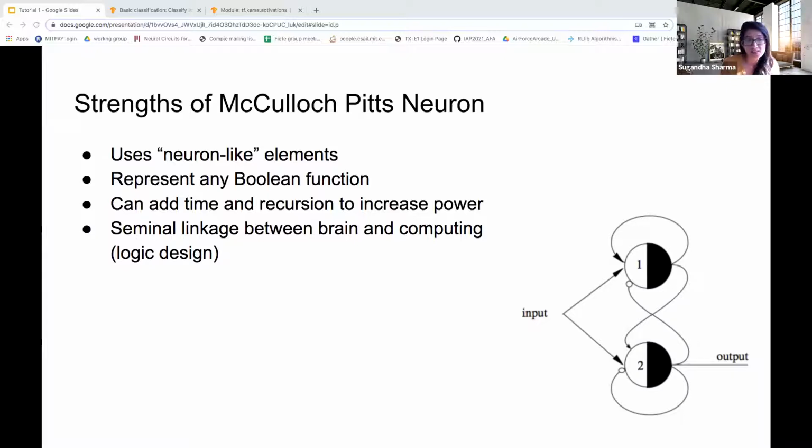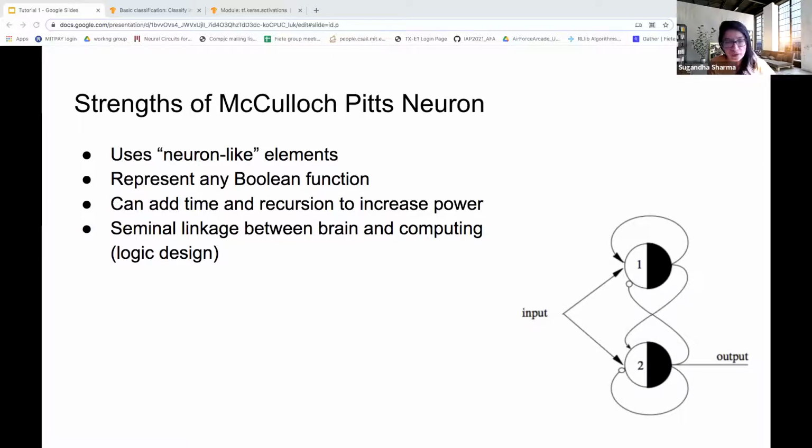What's interesting is that this also has a seminal linkage between brain and computing. When the von Neumann architecture for computing devices was designed, it was inspired by these logic units. We see logic gates even in our processors, which were inspired by the logic units designed by McCulloch and Pitts. So those are the strengths.